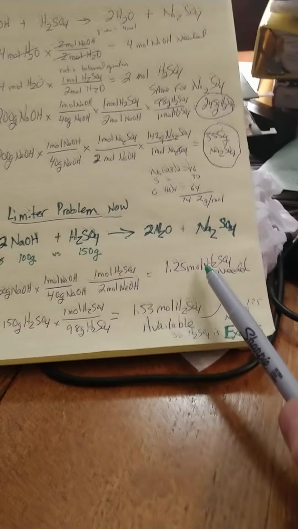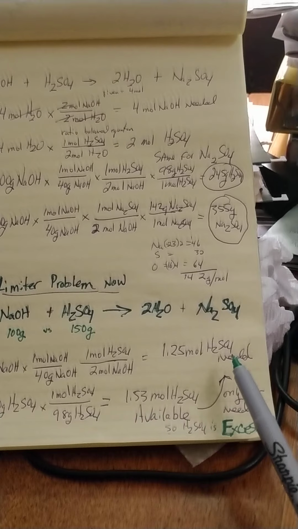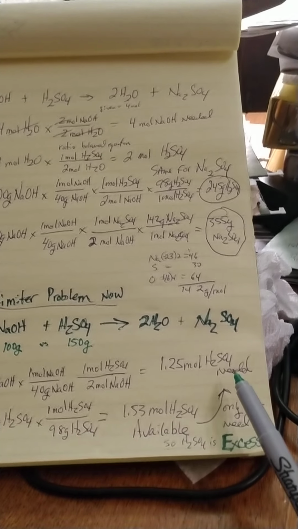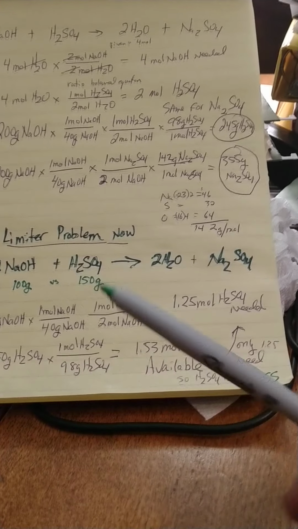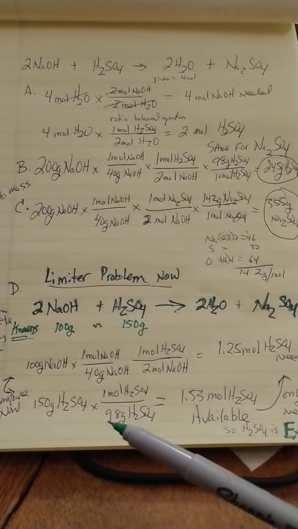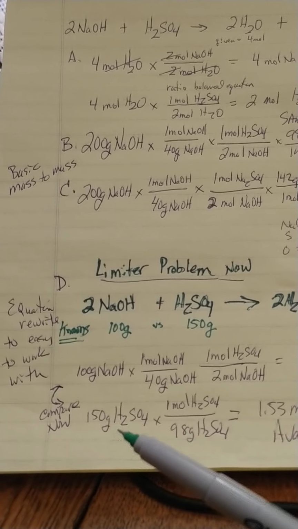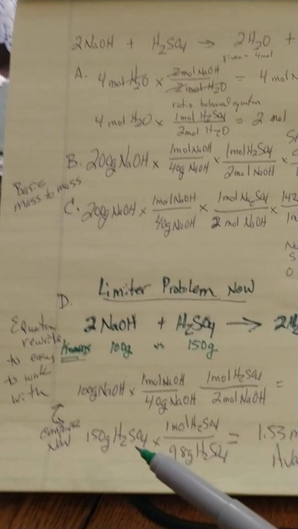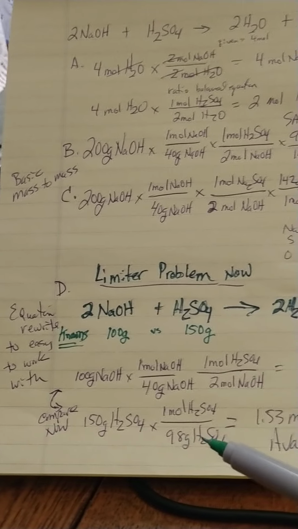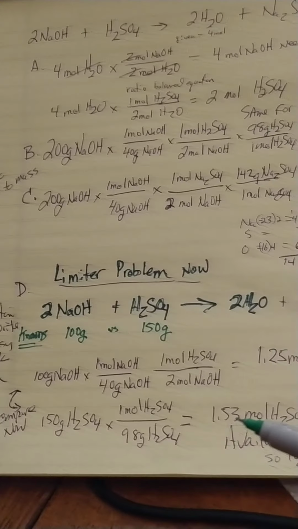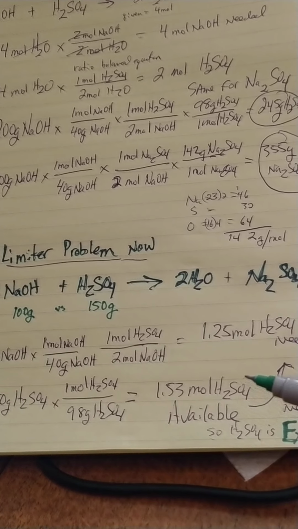So it tells you that you have 1.25 moles of sulfuric acid that you will need to react with that 100 grams. So you have to compare that now with the 150 grams of sulfuric acid, to how many moles you have available. You have 1.53 moles available to you.